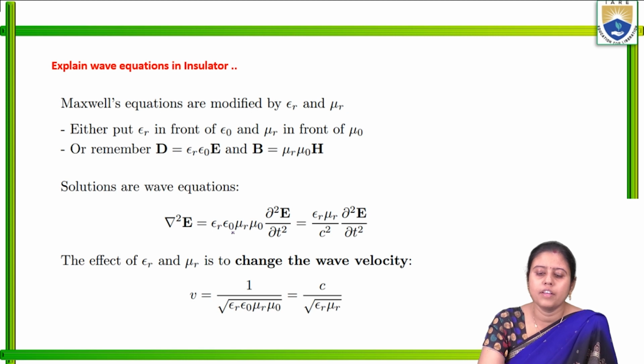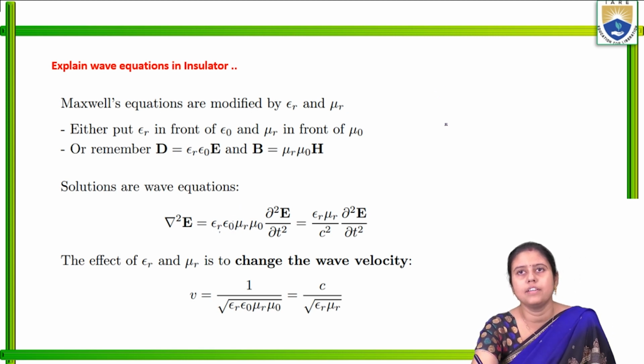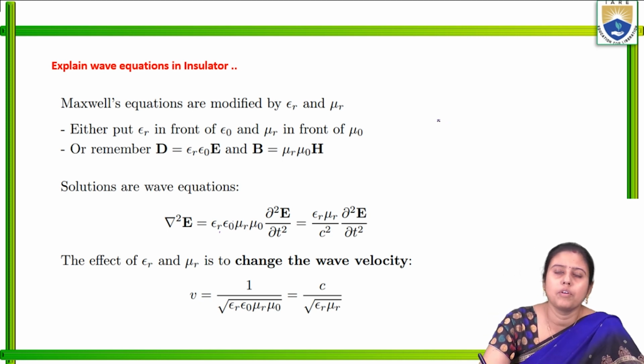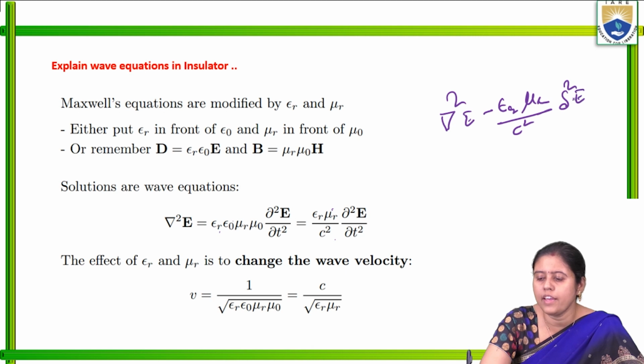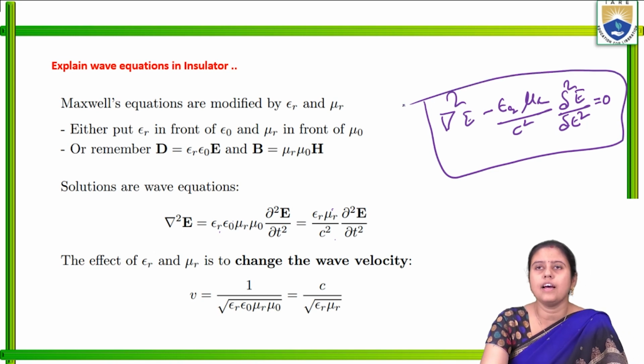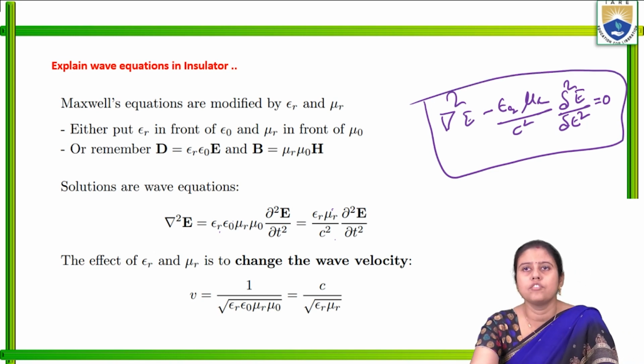It involves epsilon r epsilon naught, the relative permittivity, and mu r mu naught. We already know epsilon naught mu naught is equal to 1 by C square. So we got the equation grad square E minus epsilon r mu r by C square del square E by del T square is equal to 0. So this is basically the wave equation for an insulator.